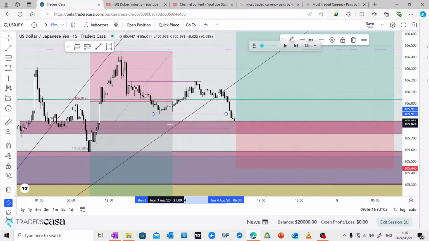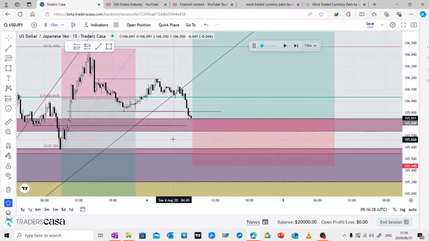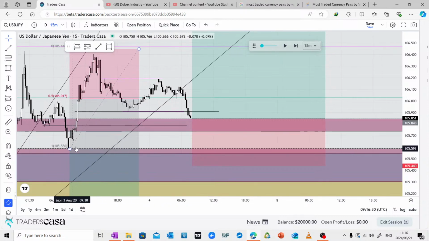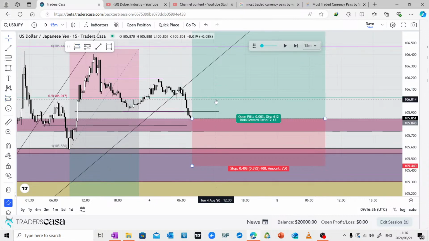Now we've taken out sell side that's resting here, and we are coming back into the fair value gap right here. So what's crucial is that we go long there, hoping that this low will be respected. So I'll go long. Oh yeah, I had this thing already here.